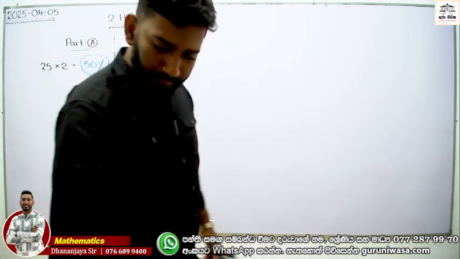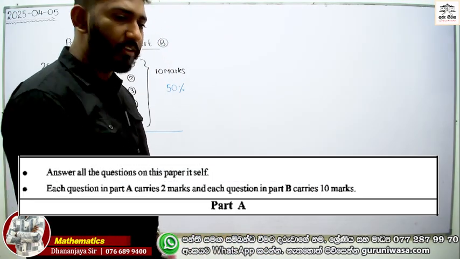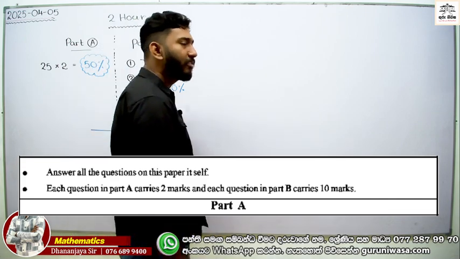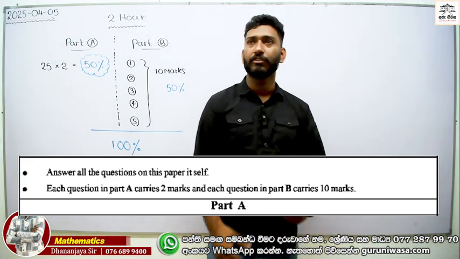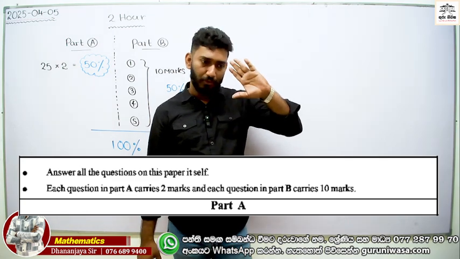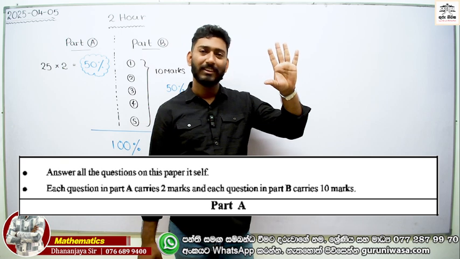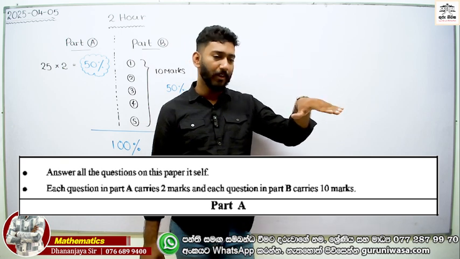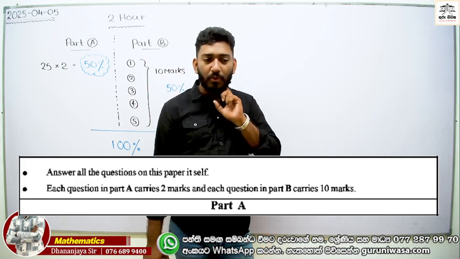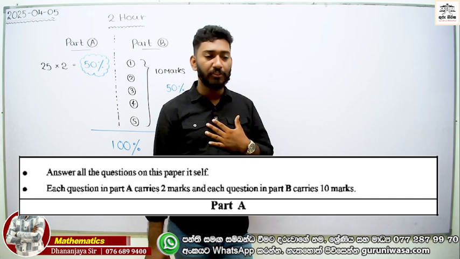Now listen. First, look at this. Answer all the questions on this paper itself, right? Many instructions. What are the instructions? You have to write all the answers on this paper itself. Second, each question in part A carries 2 marks.